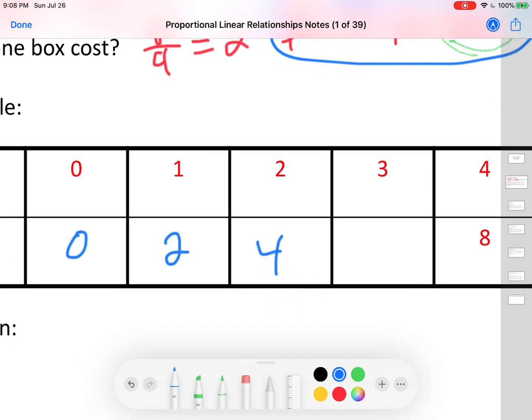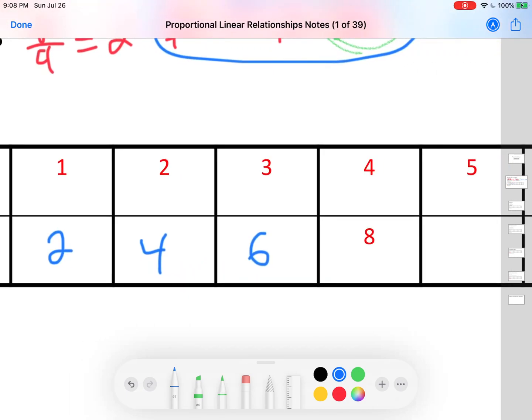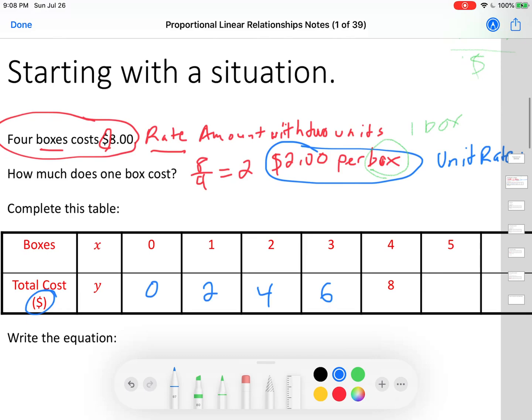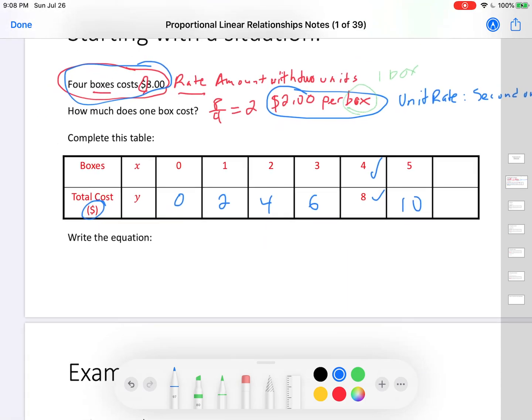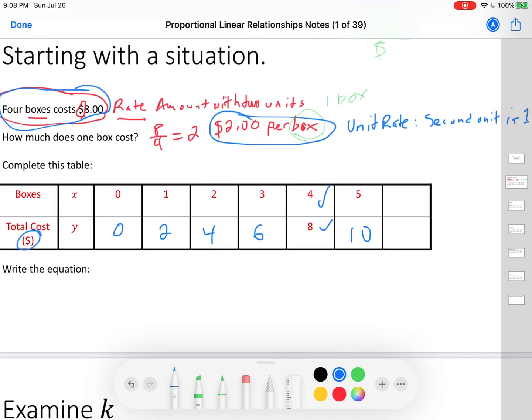Plus another box makes 3 boxes, makes 4 plus 2 is 6. 4 boxes cost $8. That's already there because it told us up here that 4 boxes cost $8. 5, so I'm adding another box. I'll add 2 more. 8 plus 2 is 10. Excellent. Notice this last box is empty, and that's on purpose. I'll talk about that in a moment.